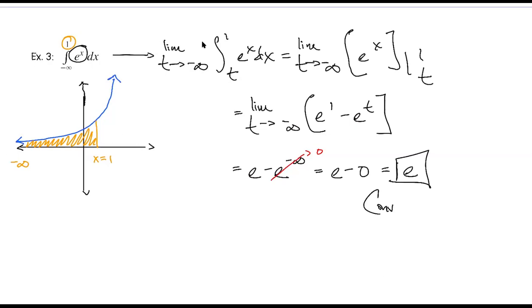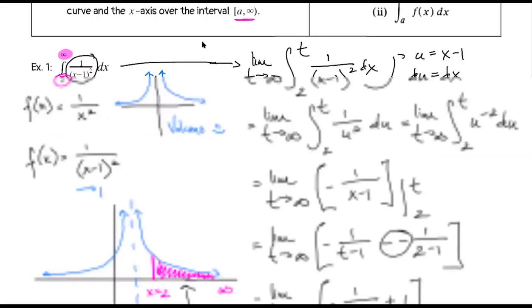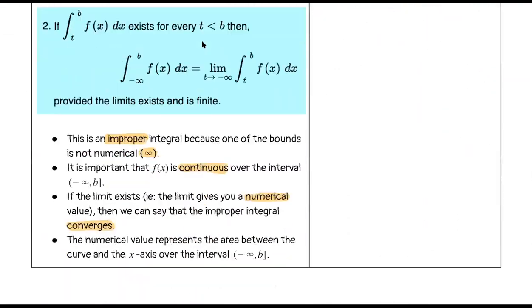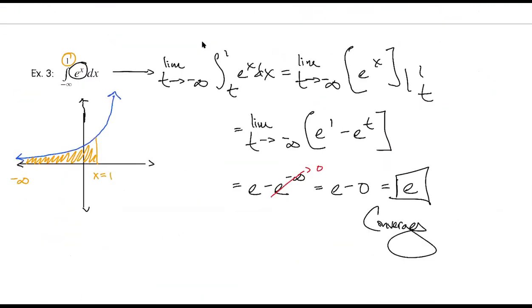And that orange area underneath that curve right there has an area of e. Kind of cool. You have this function with a base of e to the x, and if you find that area from the end of the function all the way to 1, that area is actually e.